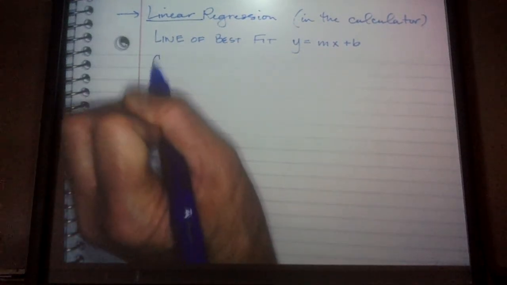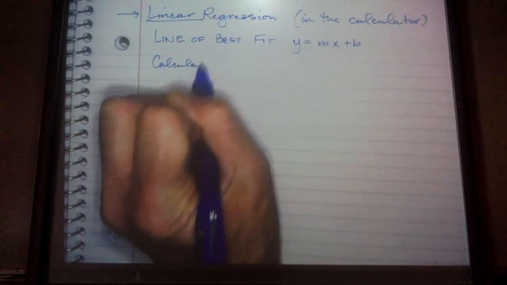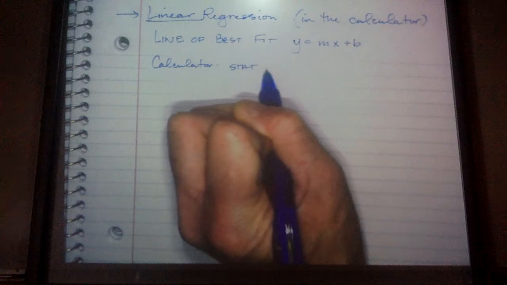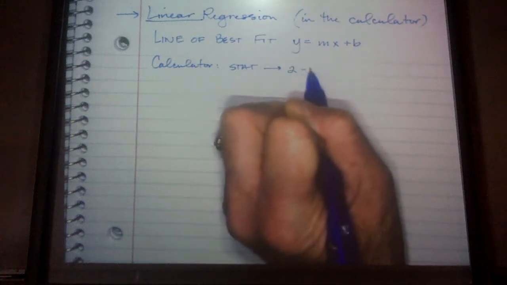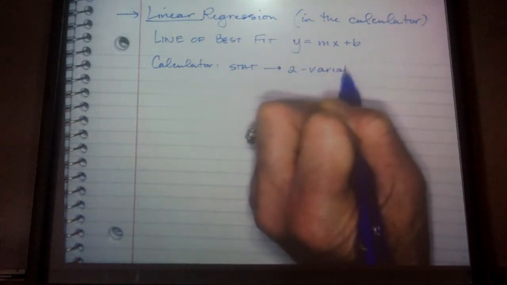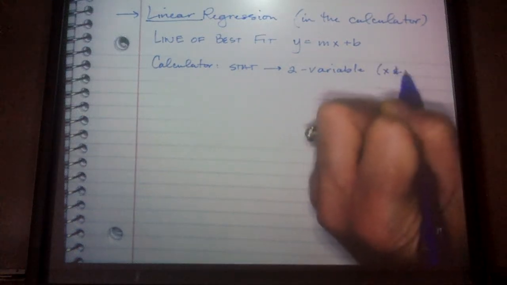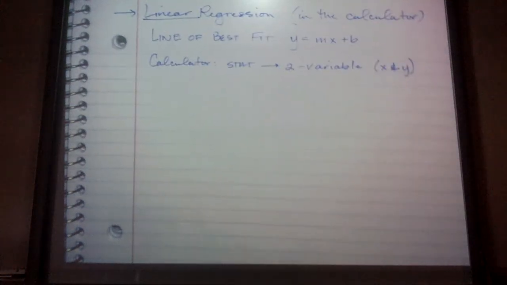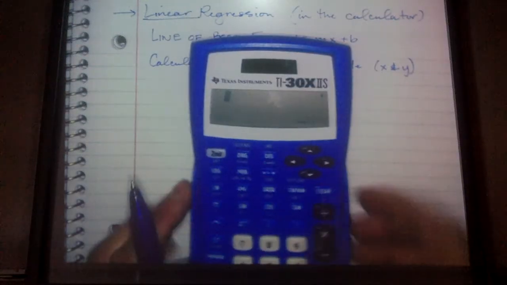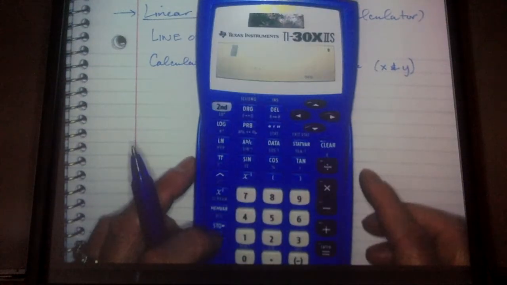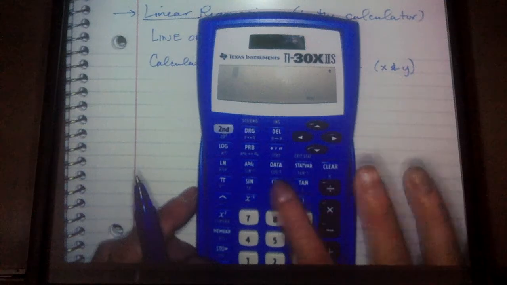Remember, m is slope, b is y-intercept, but we're going to find all of this in my calculator. In the calculator I'm using, I'm going to go to statistics, and I'm going to select two variable, and it's two variable because I have x and y. Remember I told you to get a scientific calculator.